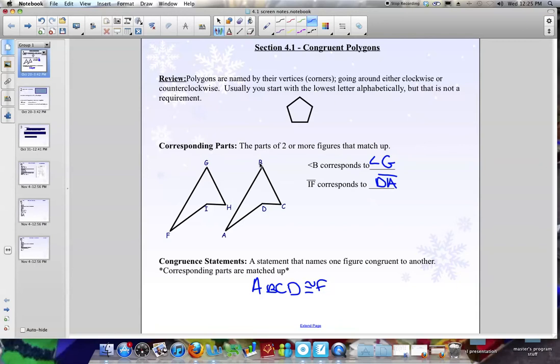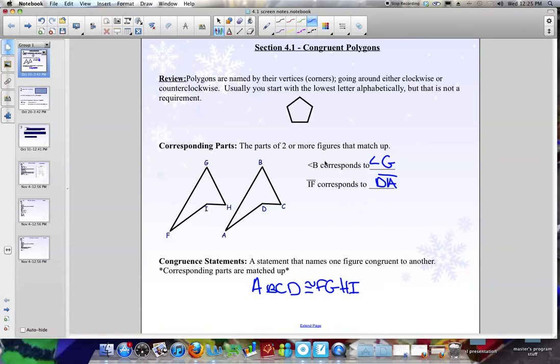Since B is our second letter, it corresponds to G. G would be our second. C is our third, C corresponds to H, so H would be our third. And fourth, D corresponds to I, so it would be ABCD is congruent to FGHI.